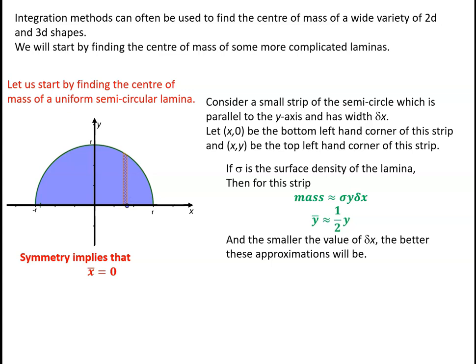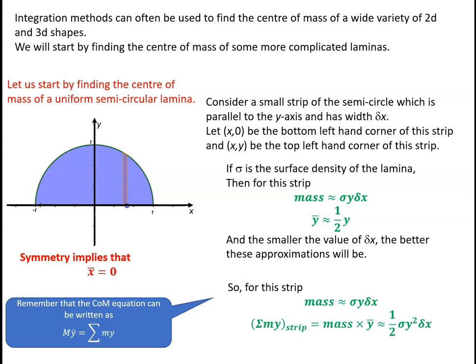Regarding it as a rectangle, the y-coordinate of the centre of mass of that little strip is approximately a half times the y value of the strip. The smaller the value of delta x, the better these approximations will be.